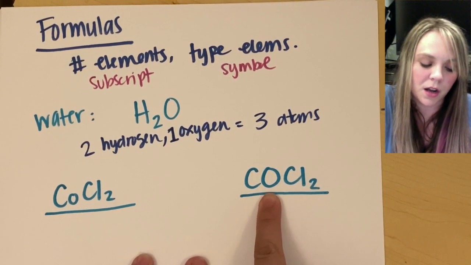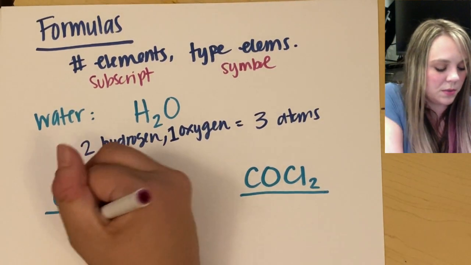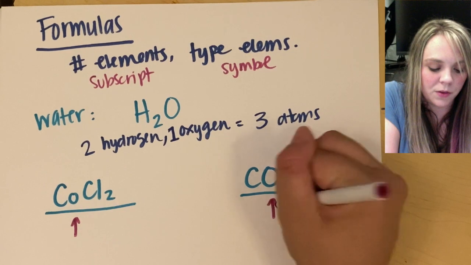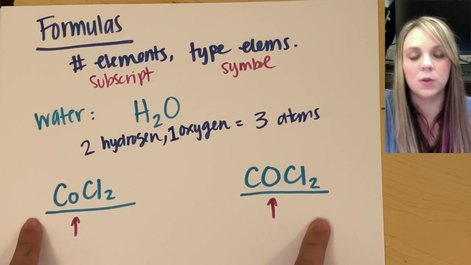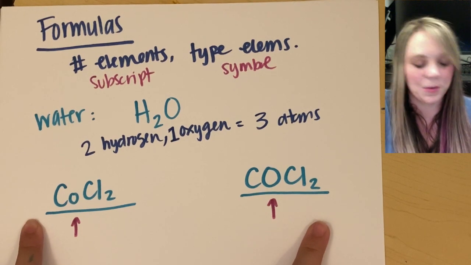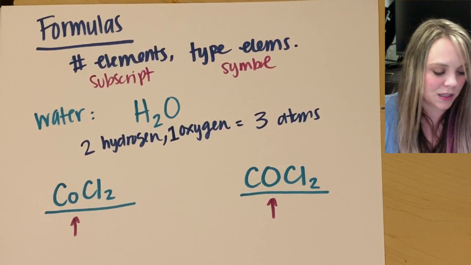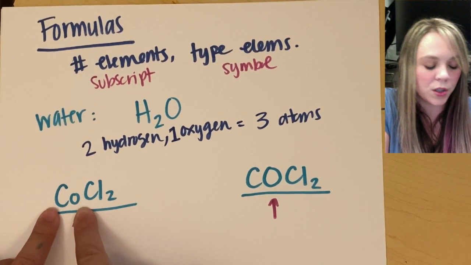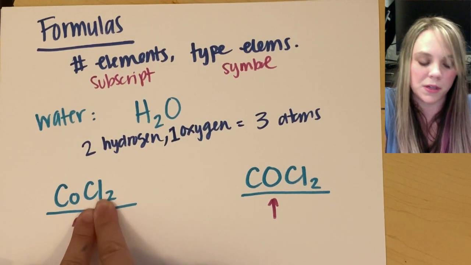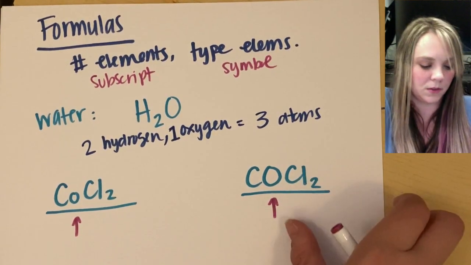This is carbon, oxygen, and 2 chlorines. So please be careful of your capitalizing and lower cases. It will really change the compound and what you're working with. It will change all kinds of things. So just pay attention. There would be 1 cobalt and 2 chlorines in the first, and this would have 1 carbon, 1 oxygen, 2 chlorines.